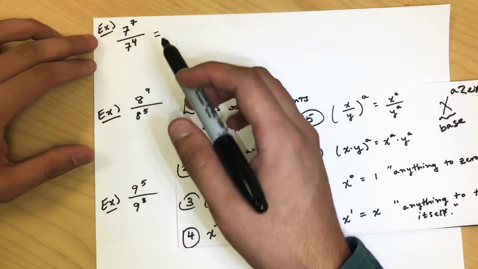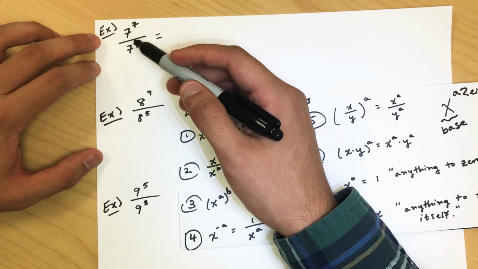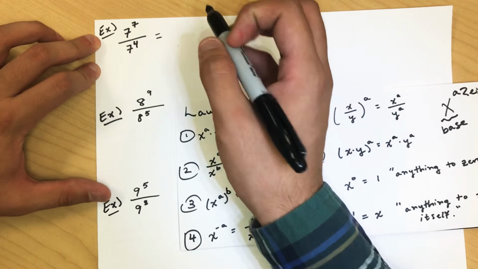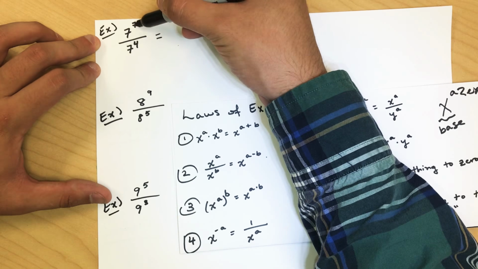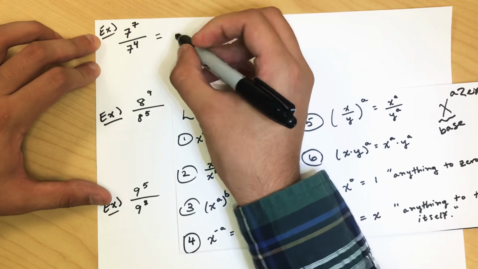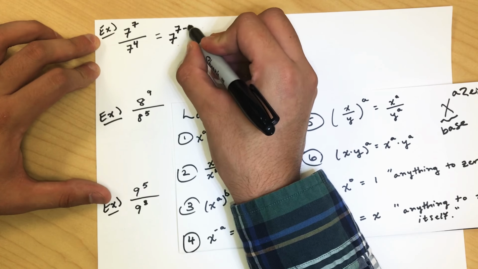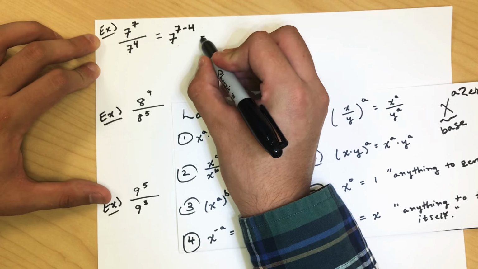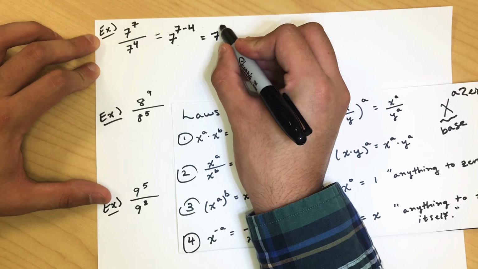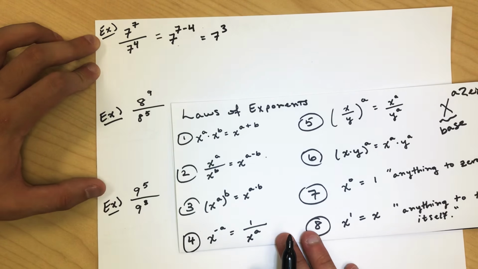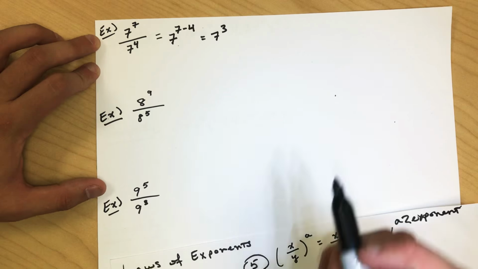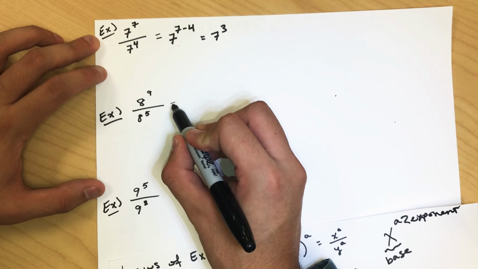Okay, so for example, 7 to the 7 divided by 7 to the 4th power is going to be, well, the first number here is 7 minus 4. So you're going to get 7 to the 7 minus 4, which is going to be 7 to the 3rd power. Okay? Same thing for the next one.